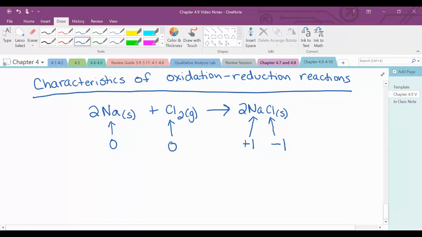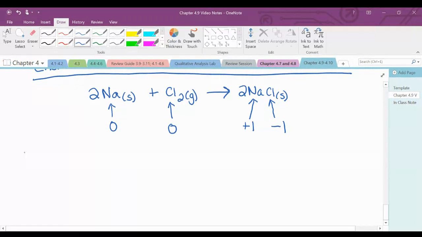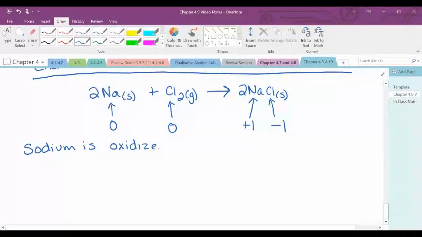And so we want to talk about what's happening to the sodium, what is oxidized, what is reduced, what's happening to the chlorine. So sodium is oxidized because it has a loss of electrons.